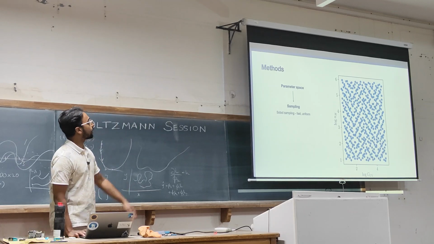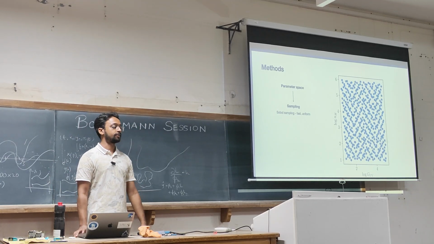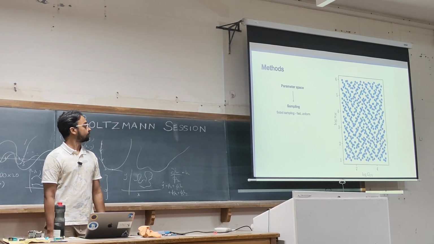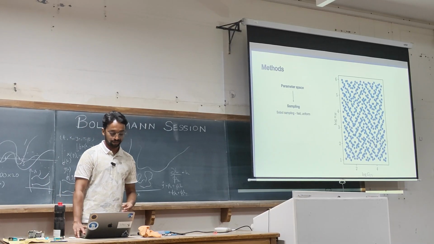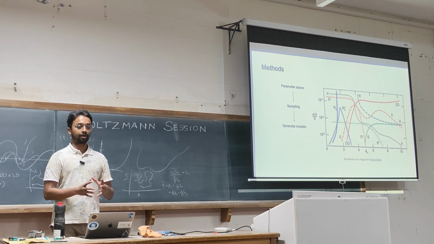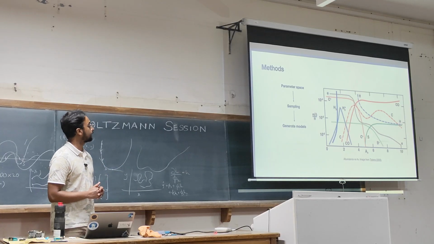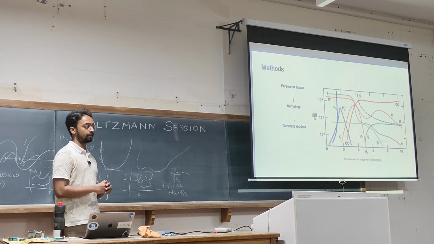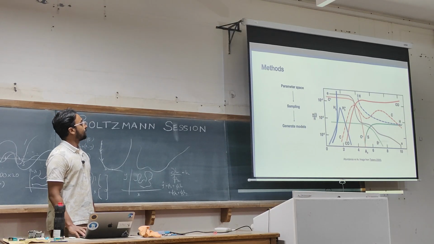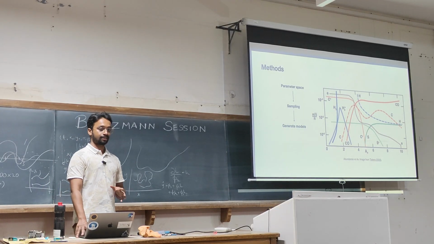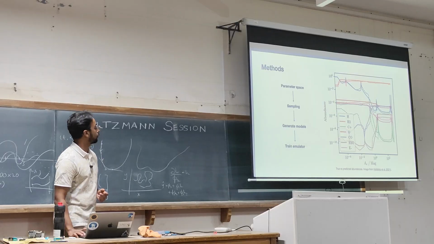Each point here corresponds to one set of initial conditions, and I want to evolve those initial conditions. The next step was to take that and generate models. By models I mean numeric, general computational models of PDRs. These models then serve as my data set for training an emulator.